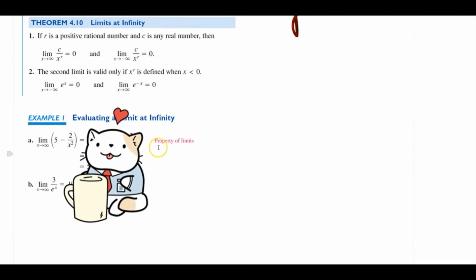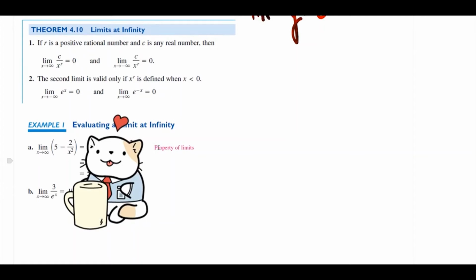Okay. Let's think about some numbers. So we have r is a positive rational number. So we got a positive number, and it's rational. That's nice. That means that we can deal with square roots and stuff. And c is any real number.